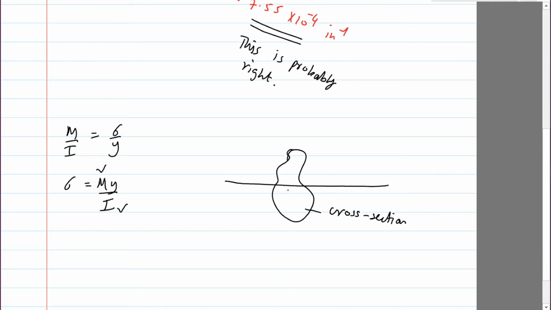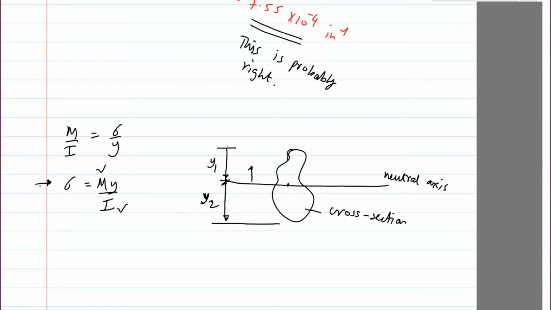and let's say that the neutral axis is here, and then we measure things from here. So let's say that this is y1, and that's the max, and here it's y2. So this formula is telling you that the maximum stress sigma, for a given M and given I, is going to be where y is maximum.